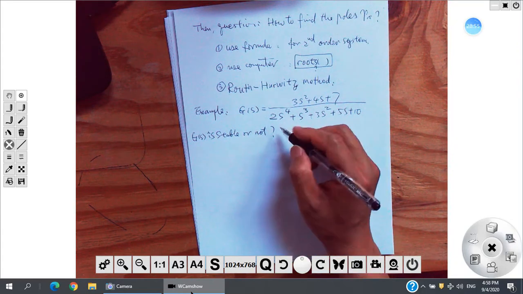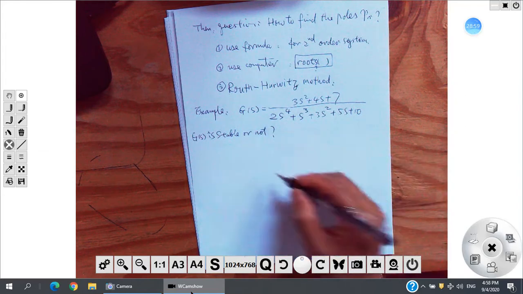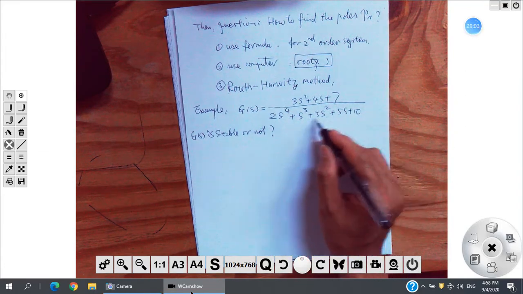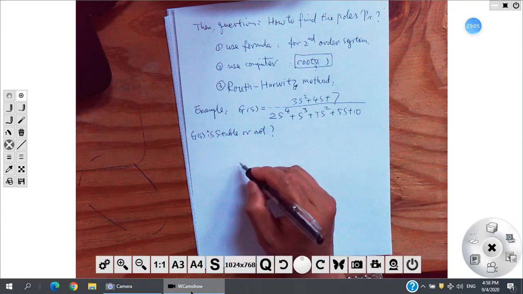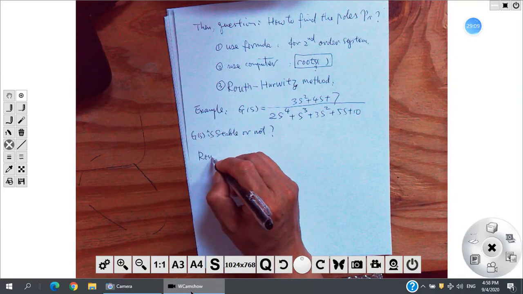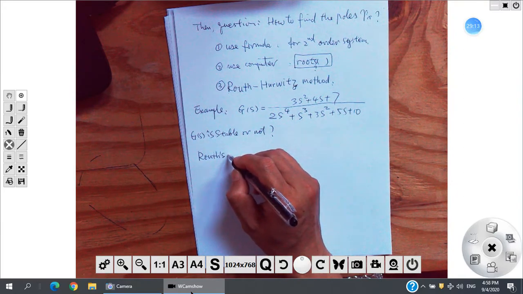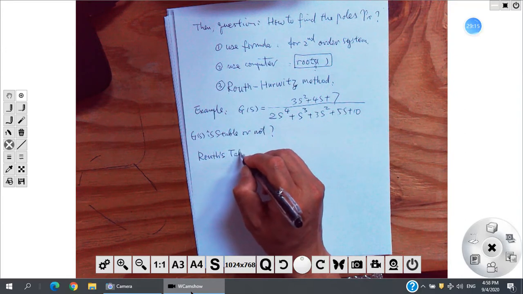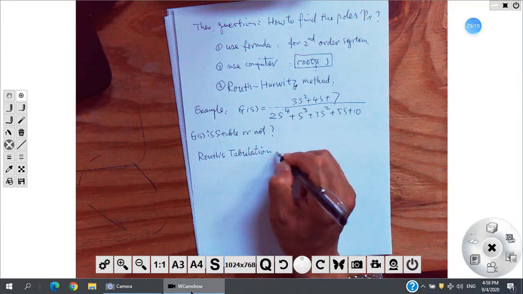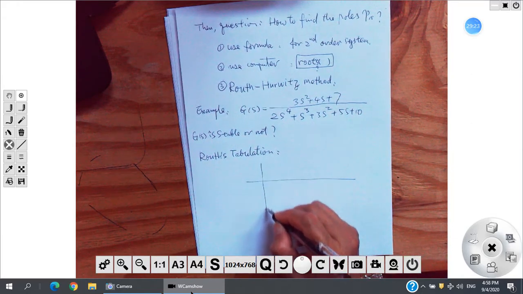Now we can work like this. We list the coefficients of the denominator in a table, because this table is given by this guy, Routh, the Routh tabulation.